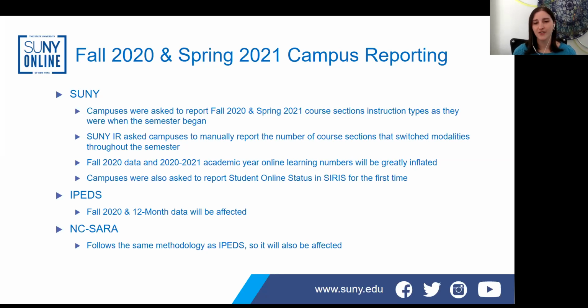But after having a lot of conversations with campus stakeholders, particularly the IR and registrar groups, it became obvious that it would be very challenging because not all of it was being collected systematically in student information systems. I think it became clear that the course types in Banner could only be one course type, so it wasn't going to reflect those changes, and it would be really hard to report, especially if it's something that was being kept manually.